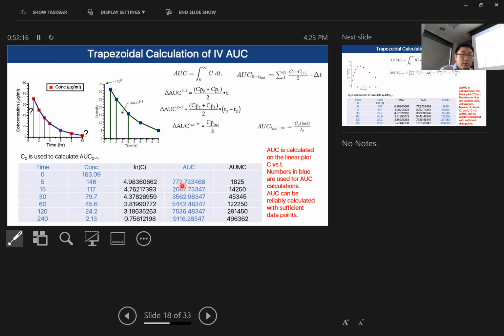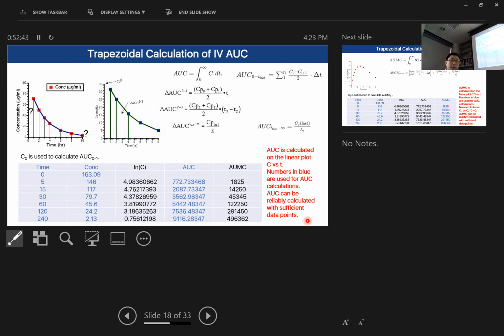So you can accumulate this area and get the AUC. AUC is calculated on a linear plot using C versus T. Numbers in blue are calculated. AUC can be readily calculated with sufficient data points. So basically, if you have enough data points, you can get a very good AUC.